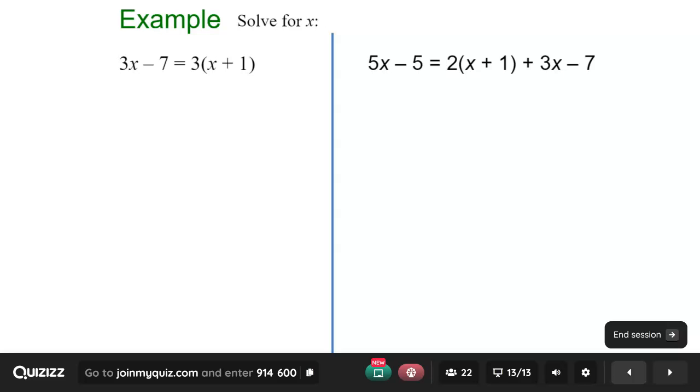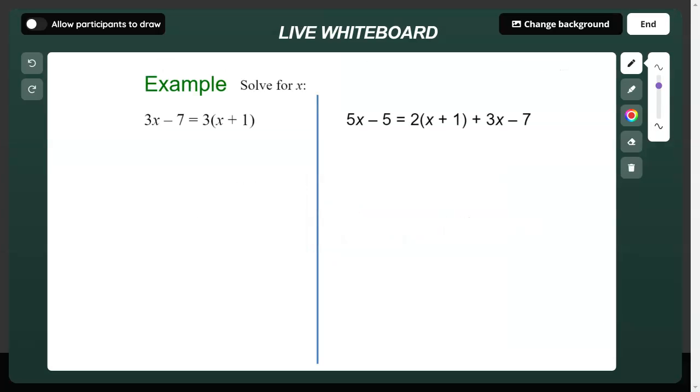Looking at the equation on the left, what do I do first? Distribute. So I have 3x minus 7 equals 3x plus 3. Okay? Now, combine my variables. What do I do? I'm going to subtract 3x from both sides. Okay?